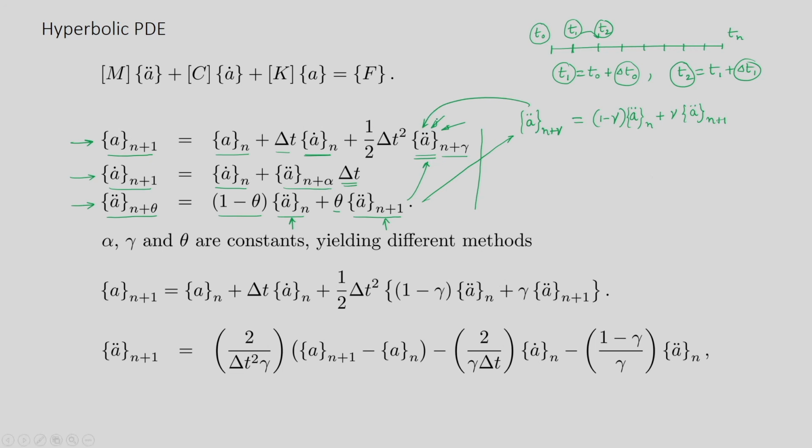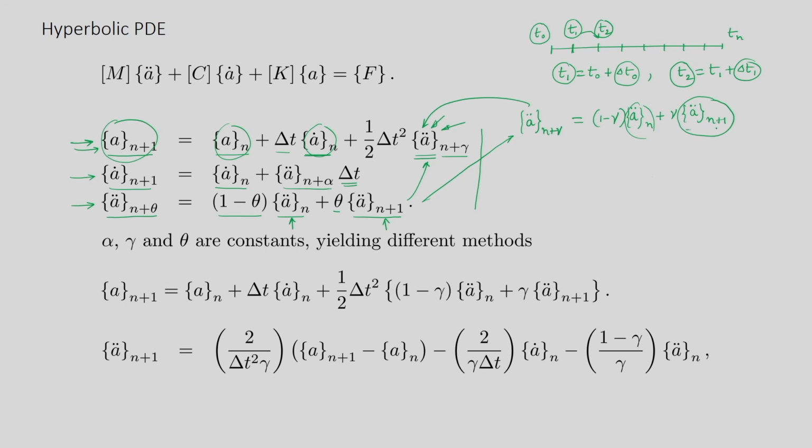Now from this first expression, we will try to find the acceleration at n plus 1 in terms of all the other things present here, like displacement at n plus 1 and displacement at n, velocity at n and acceleration at nth instant.